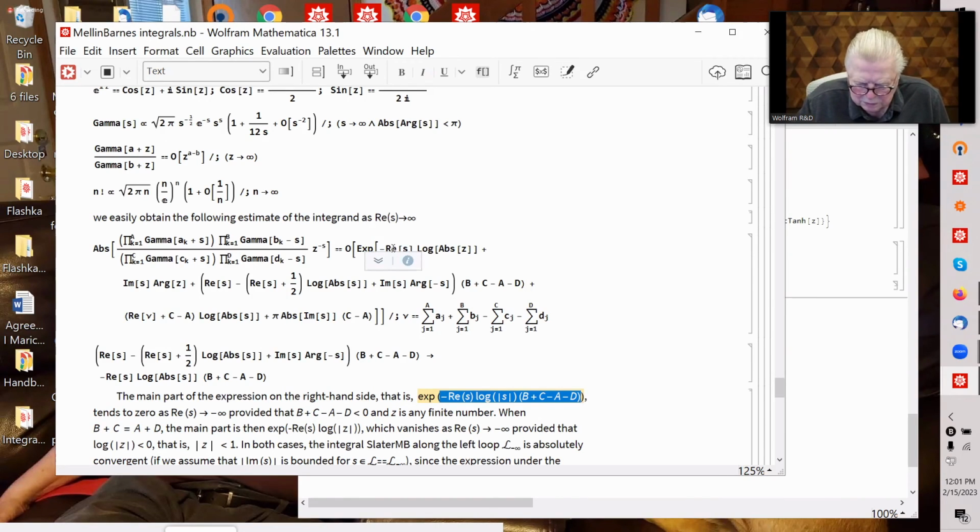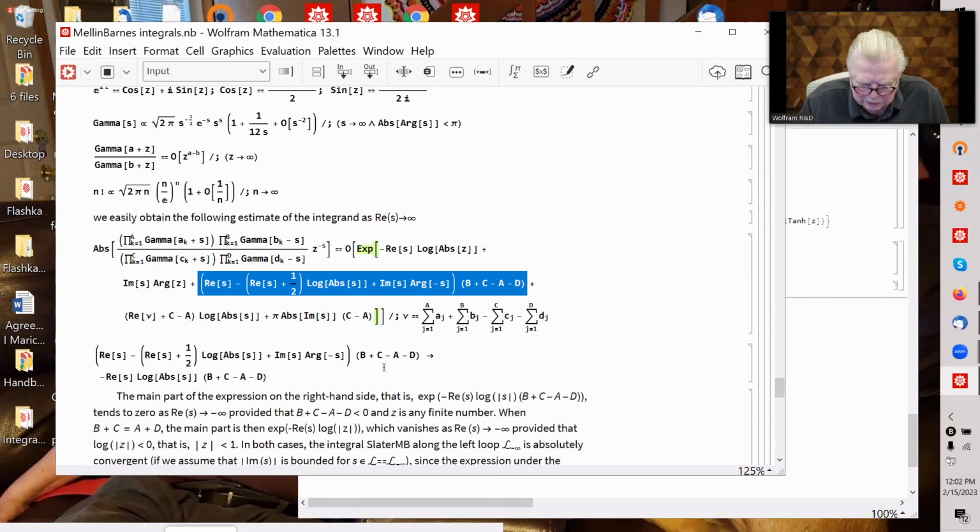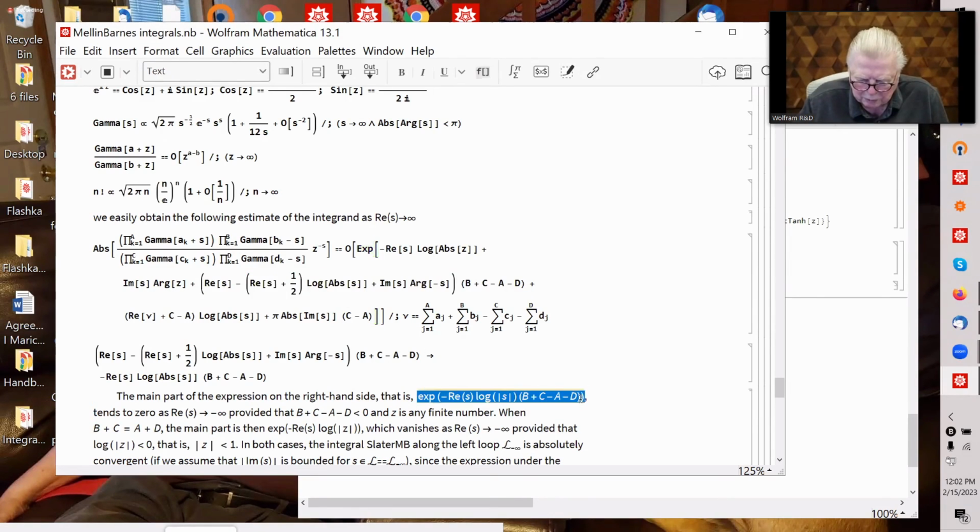This guy multiplied by this guy, multiplied by logarithm, multiplied by this guy. As a result, this is the main term.